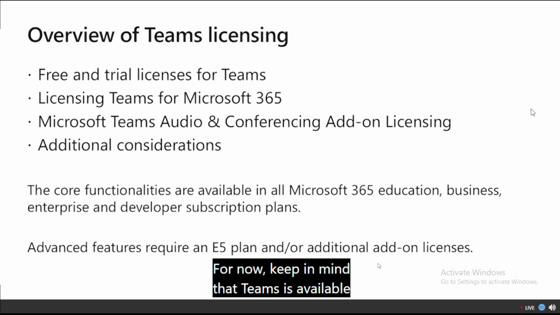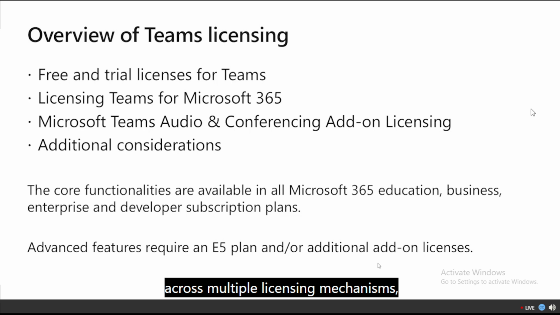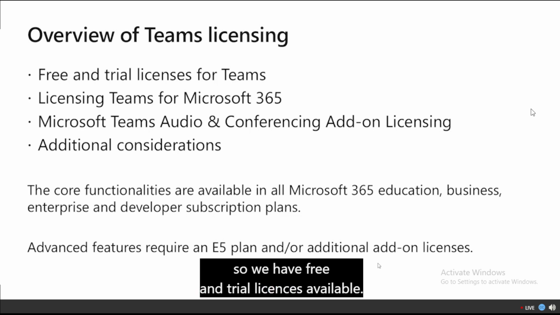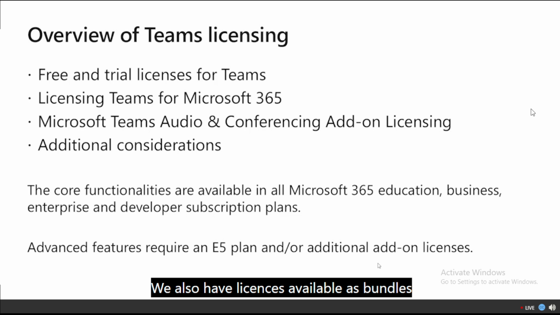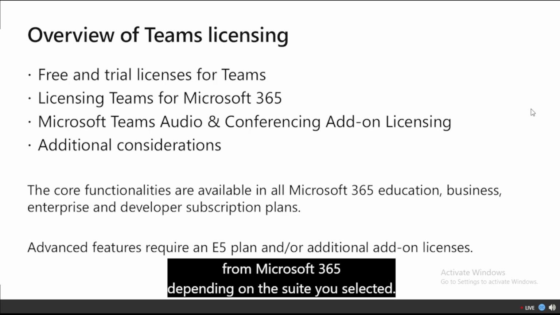For now, keep in mind that Teams is available across multiple licensing mechanisms. We have free and trial licenses available. We also have licenses available as bundles from Microsoft 365, depending on the suite that you selected.